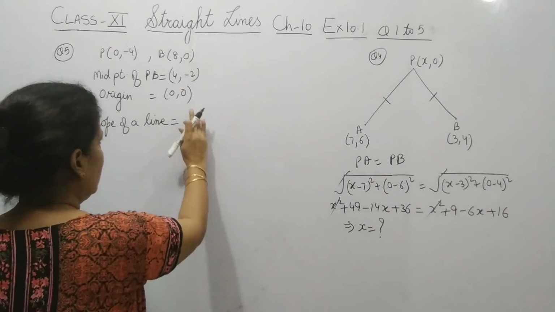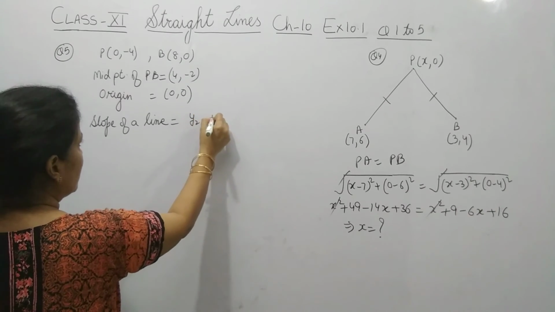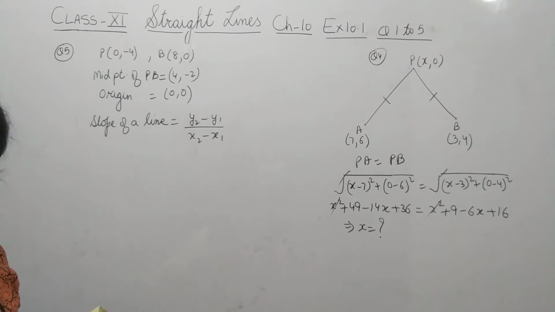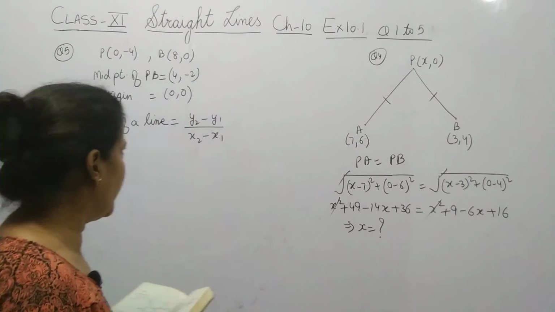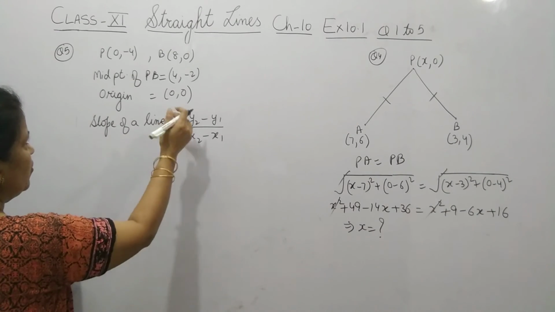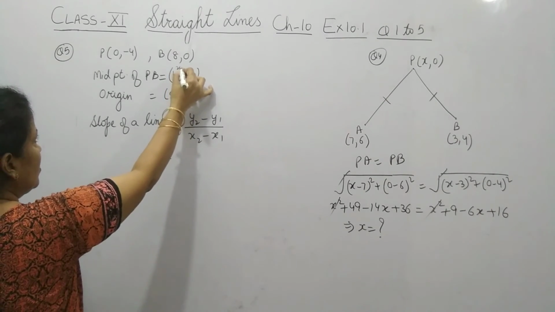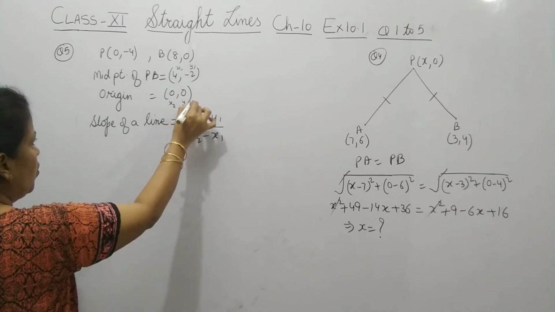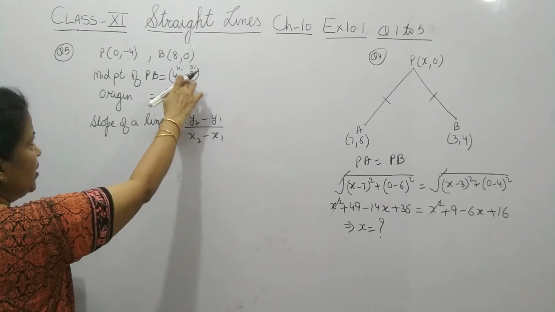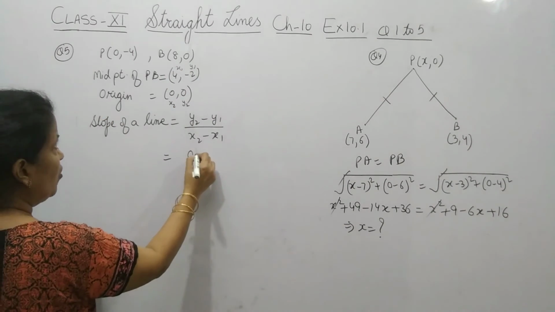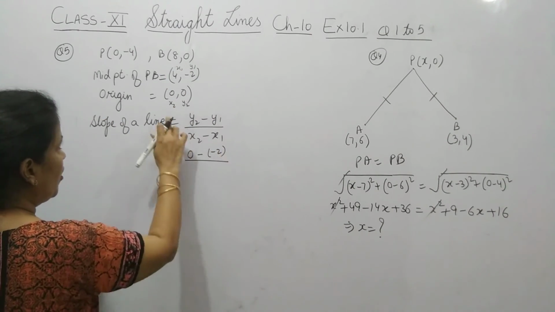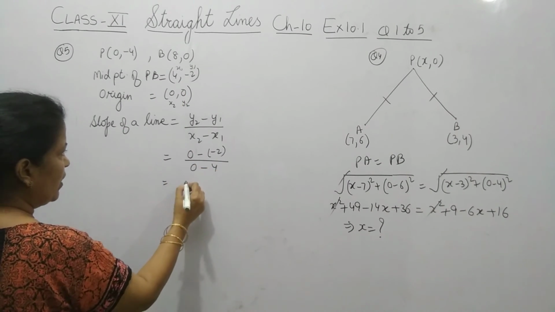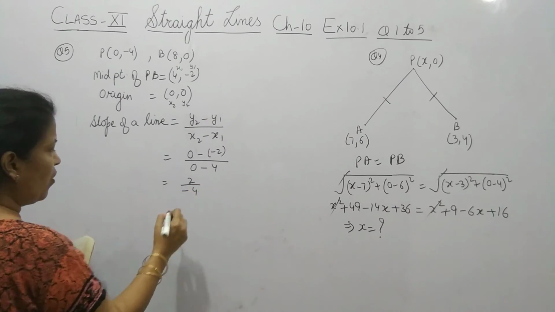It will be y2 minus y1 upon x2 minus x1. So in this we will apply the values. You can take this as (x1, y1) and this as (x2, y2). So y2 minus y1 will be 0 minus of minus 2, upon x2 minus x1, 0 minus 4. So it will be 2 upon minus 4.